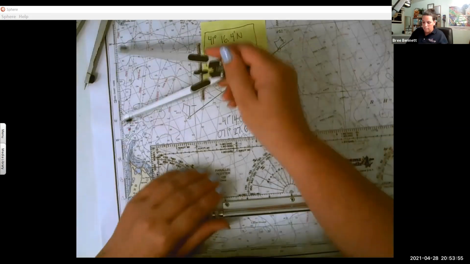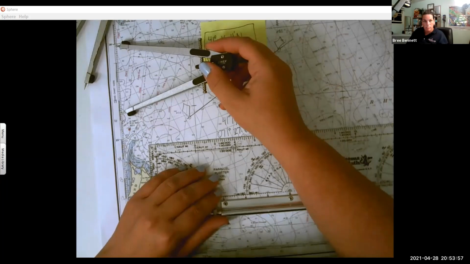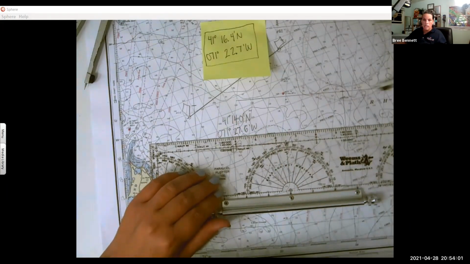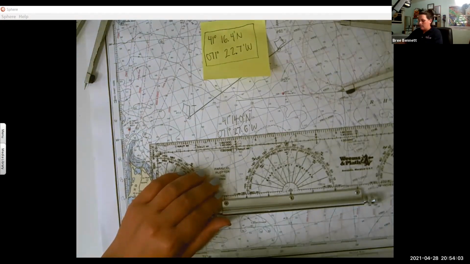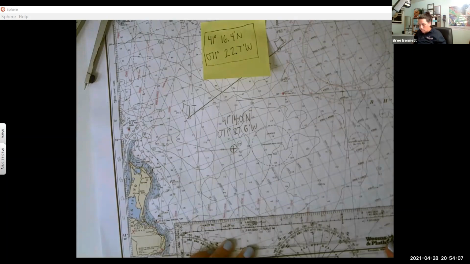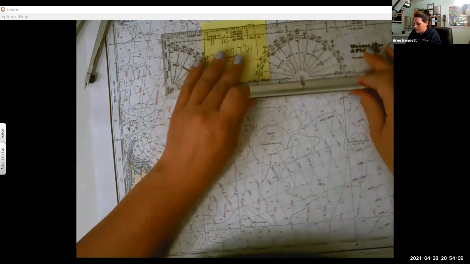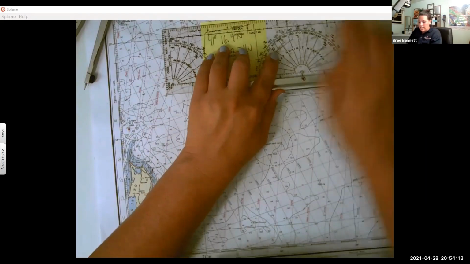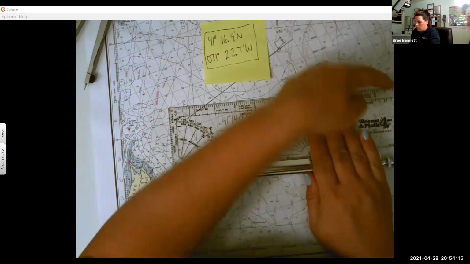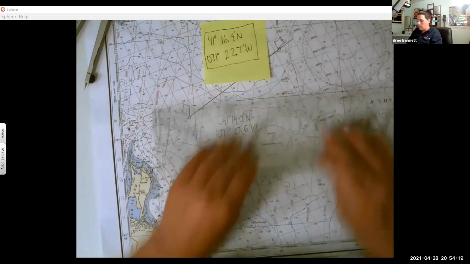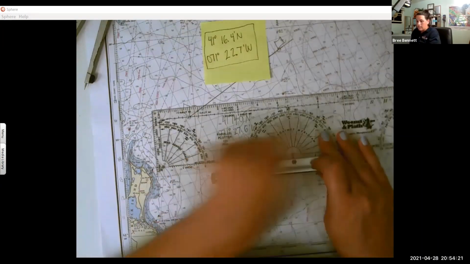I would measure my 16.4, go to whatever my closest vertical line is, make a little mark, and then I would go from the one I just did, parallel it down and draw in my line. So same thing with the rulers, you're just paralleling the line.